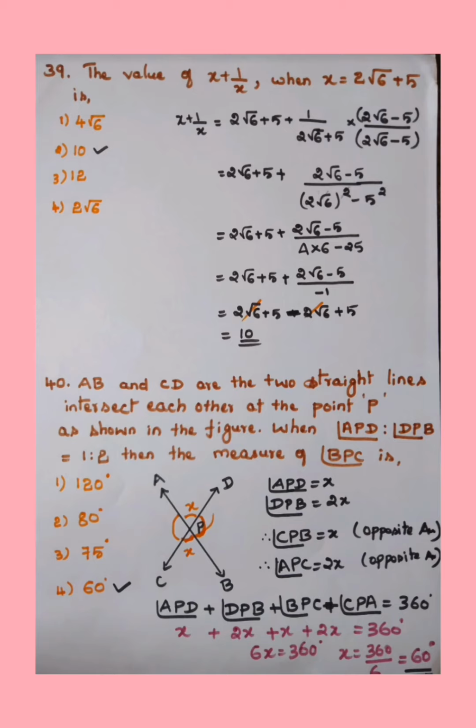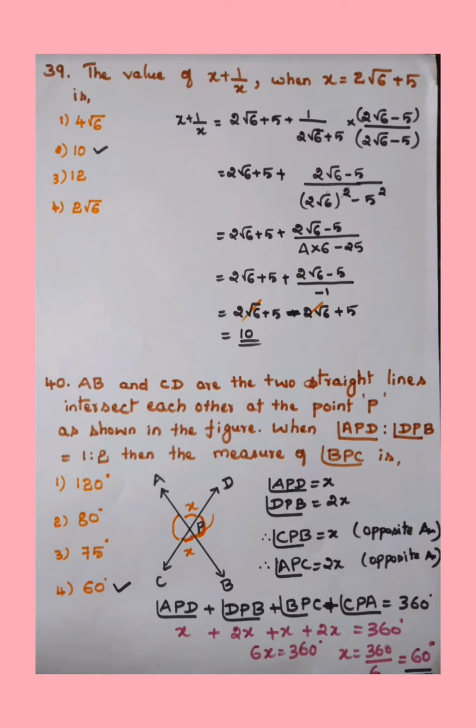On taking this minus to the numerator, we get minus into plus is minus 2 root 6, minus into minus is plus 5. Till this step all this term remains as it is, and here you can cancel 2 root 6 and minus 2 root 6, only 5 and 5 remain, 5 plus 5 is equal to 10.